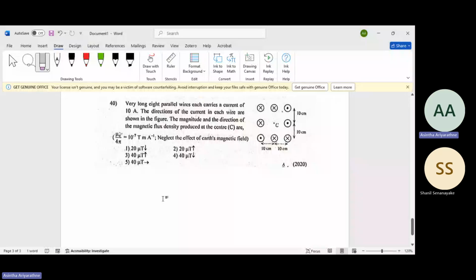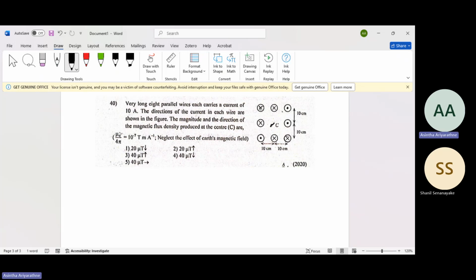Right, so let's consider this conductor. All the conductors carry the same amount of current. Here, current is flowing into the whiteboard, and using the right hand rule, you can find the magnetic field at the center is in this direction.